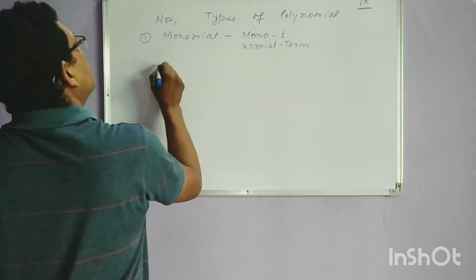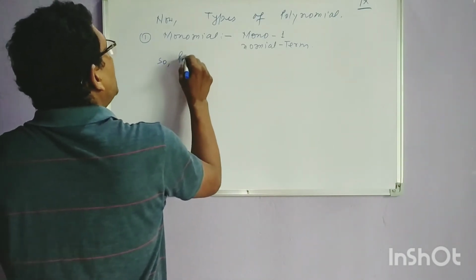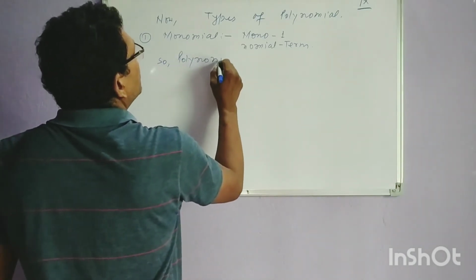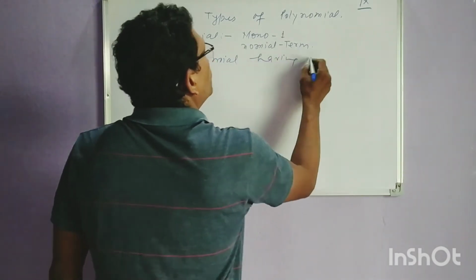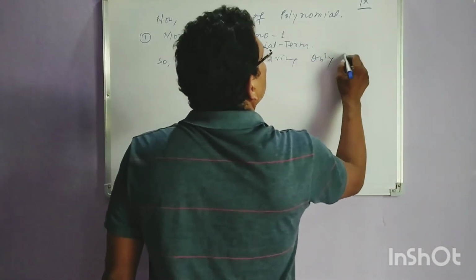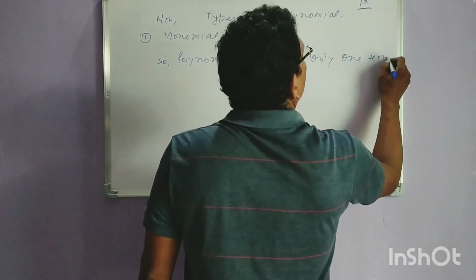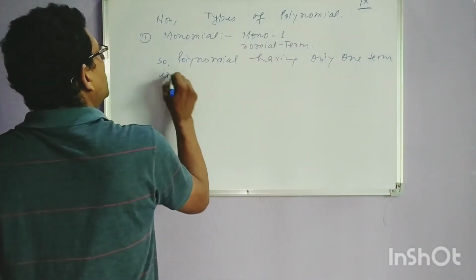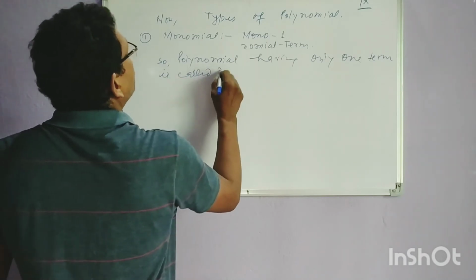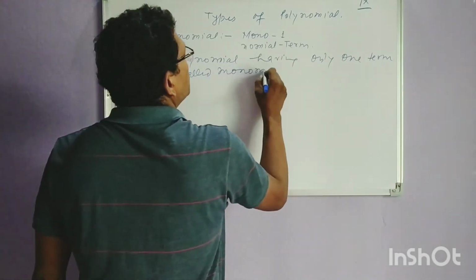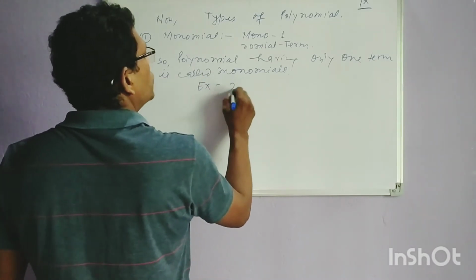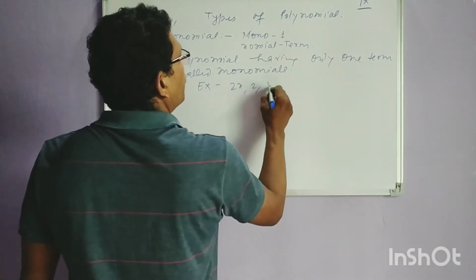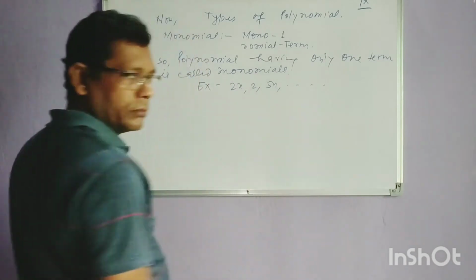So a polynomial having only one term is called monomial. Example 2x, 2, 5x, etc.